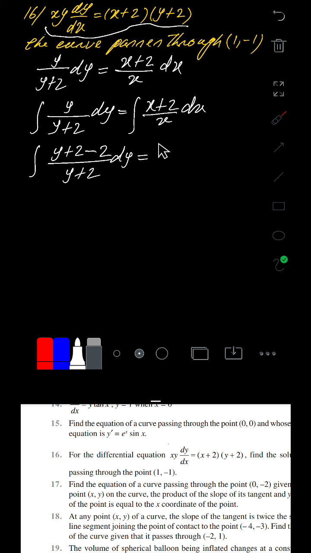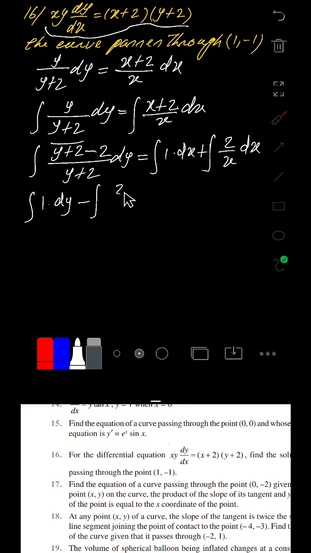On the right hand side, we may split it up. x will divide x, we get 1 dx, and plus x will divide 2, then we get integral 2 upon x dx. So here we split it up, y plus 2 will be divided by y plus 2, we get 1 dy, then minus integral 2 upon y plus 2 is equal to integral 1 dx plus integral 2 upon x dx.